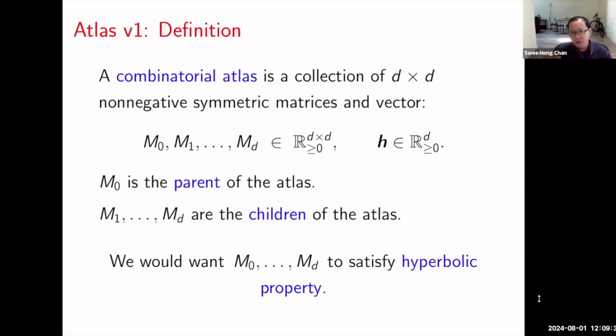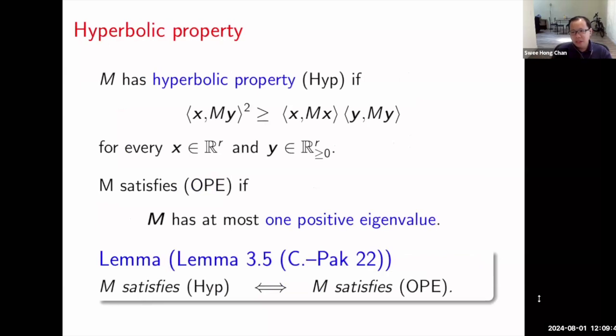And the goal of this atlas is always one thing: to prove this property that is called the hyperbolic property, or the Lorentzian property, depending on the literature. So what is this property? Given the matrix M, take any vector x and any non-negative vector y. In fact, in our application, both x and y will be non-negative.